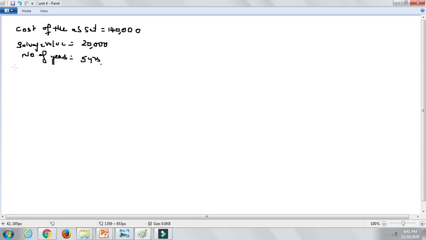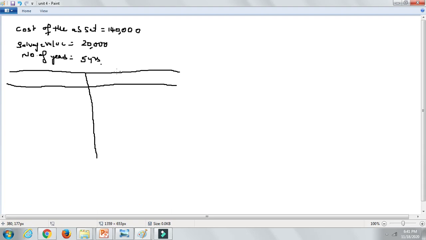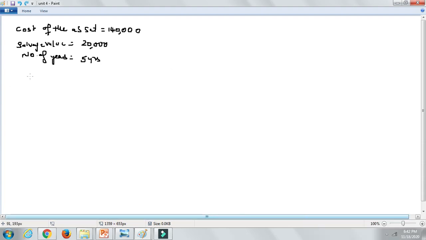Okay, now let's take the information. The first thing you need to take is the computation of earnings before depreciation and after tax, which we require for NPV.